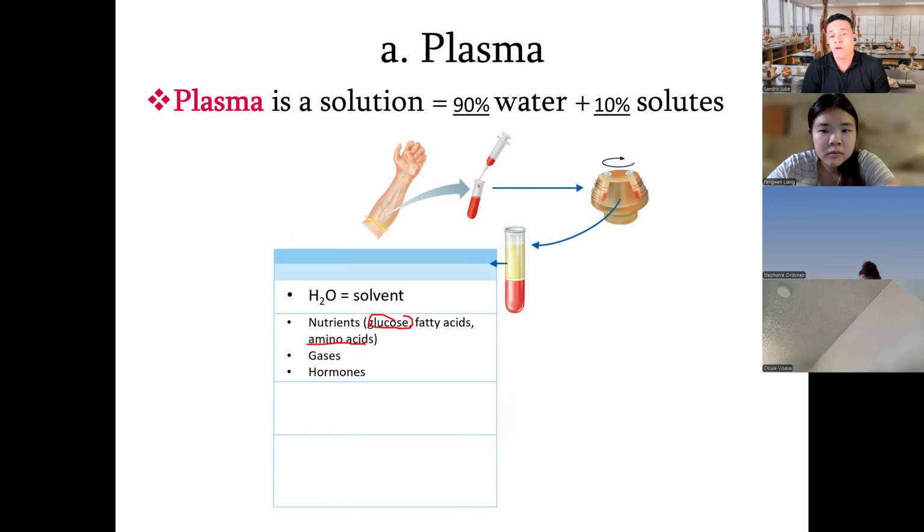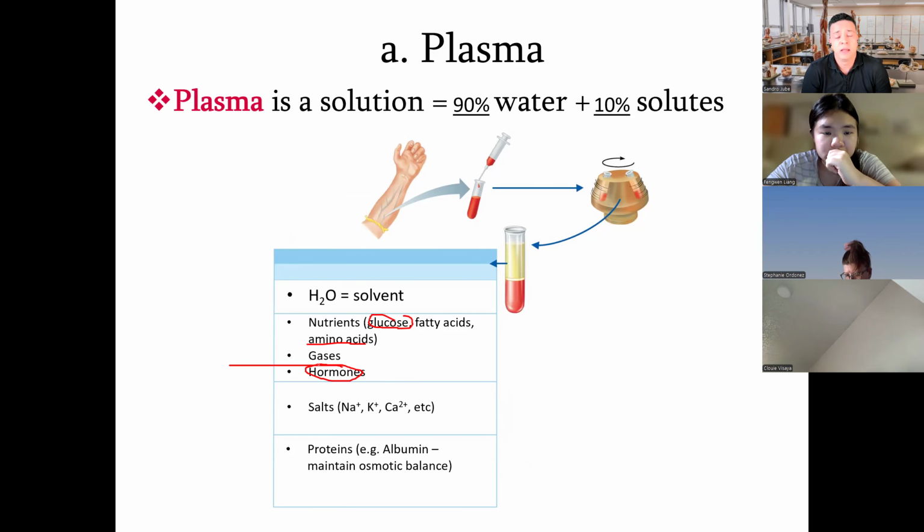We're going to find dissolved gases, CO2, O2, and we're going to find hormones and cytokines, all dissolved within the plasma. We're also going to find salts, sodium, potassium, magnesium, calcium, etc.